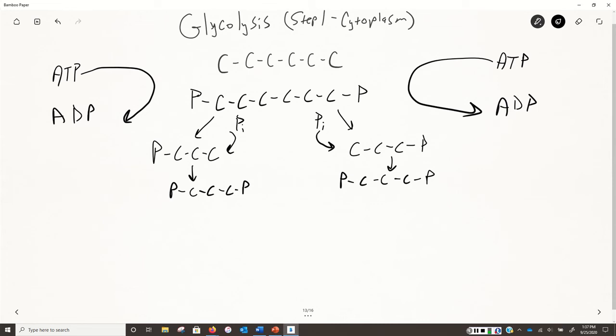So now we have a 3-carbon chain with a phosphate group on each end of it. And we have 2 of those, 1 for each of the 3-carbon chains that we created.